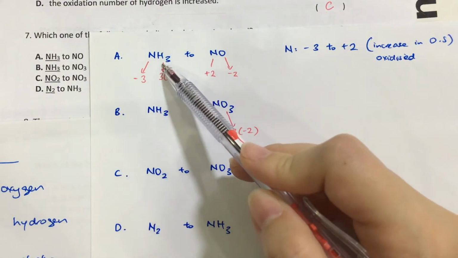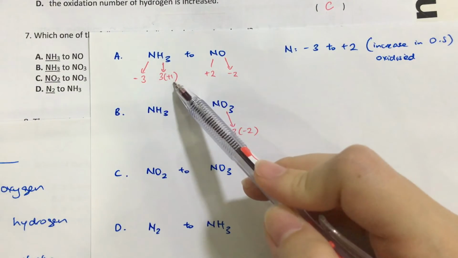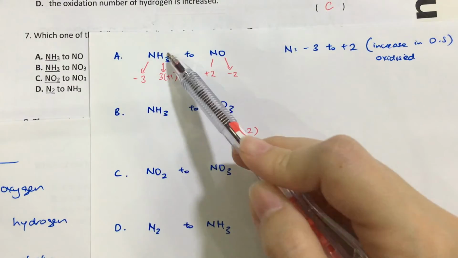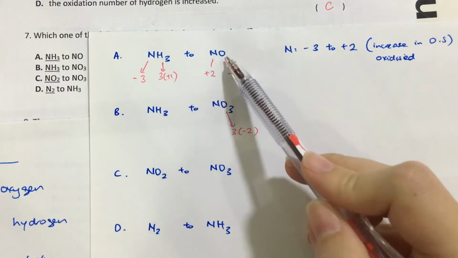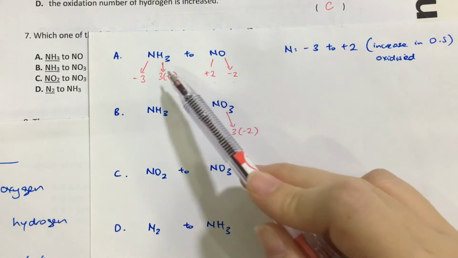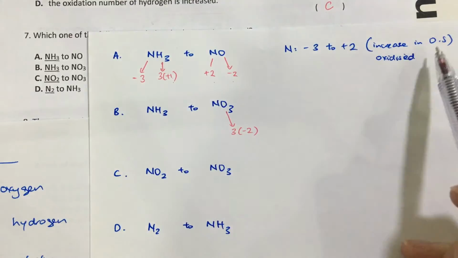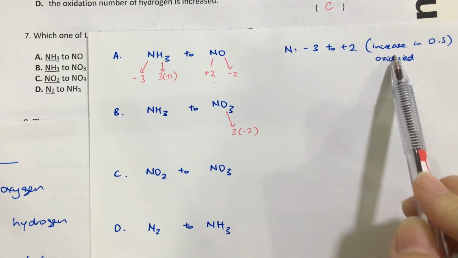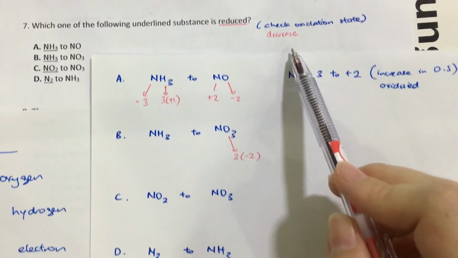Hydrogen is always +1, so 3 of +1 will give us +3. So this has to be -3 because the whole compound has to be 0. Oxygen is always -2, so nitrogen has to be +2. So what has happened is my nitrogen OS has changed from -3 to +2, which means it's an increase. What we are looking for is a decrease.